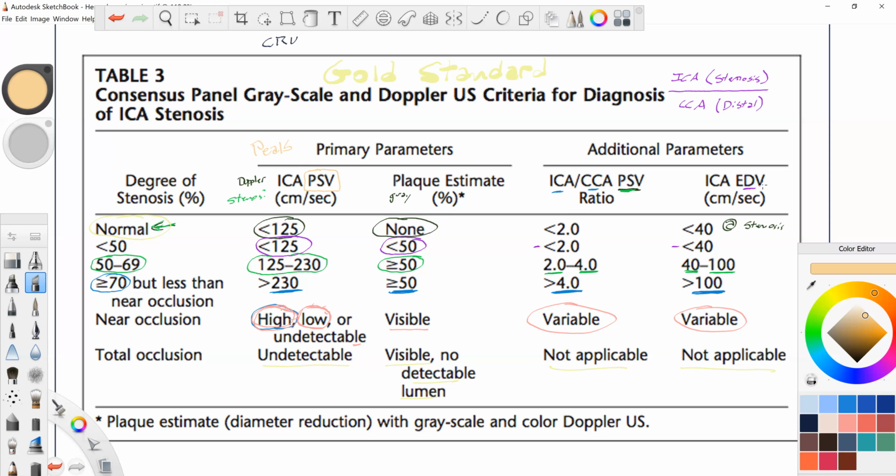ICA, end diastolic velocity. That is still in the stenosis. Okay. Well, I think a lot of this is, how about this? I'm going to pause and see if there's anything else I want to talk about.